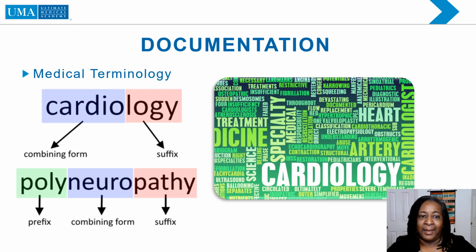So, poly, many, neuro, nerve, opathy, meaning disease or disorder. It is a condition in which a person's peripheral nerves are damaged. So when you start to break down those words and you have a better understanding of medical terminology, it helps us to understand the world of medicine much better.